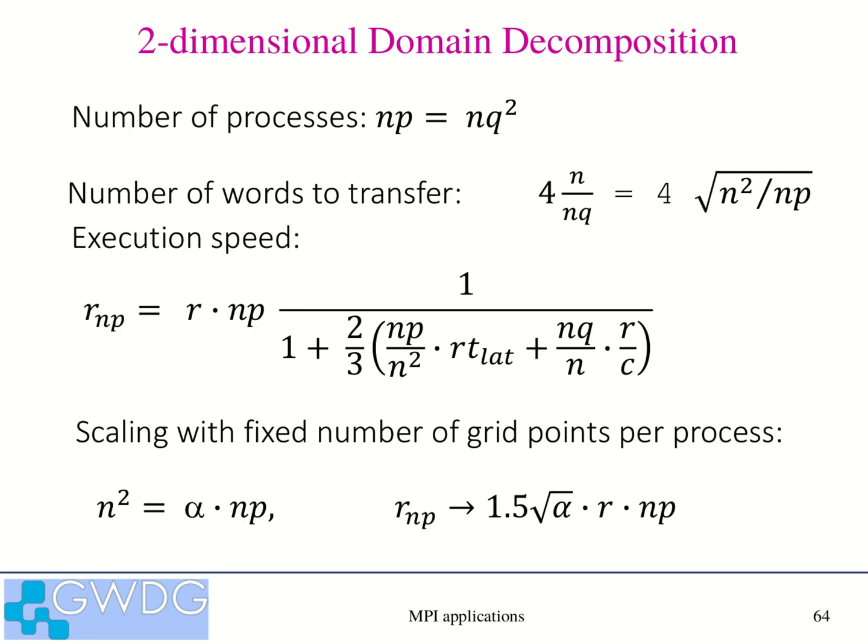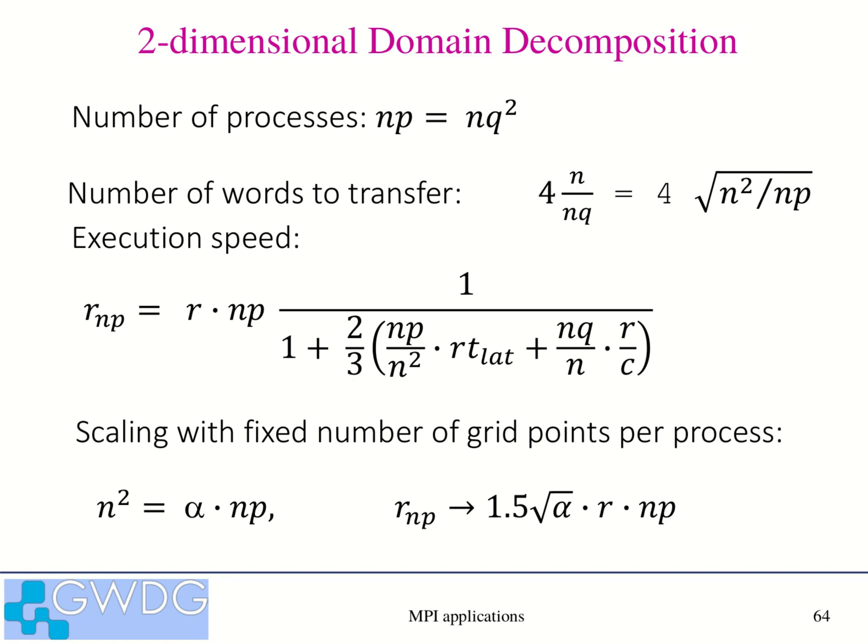And if you do now the scaling analysis with n square proportional to the number of processes, then you can scale up. NP goes to infinity, then you will really have here some factor times the original of one process times the number of processes, because then nq over n is proportional to alpha.